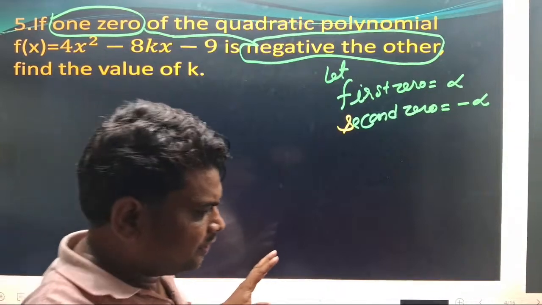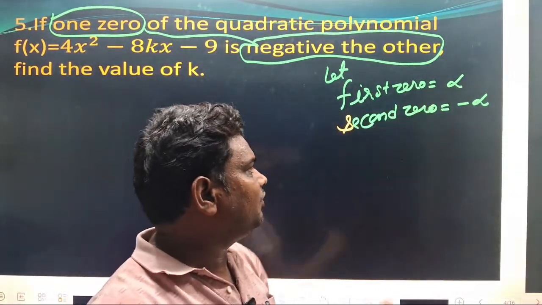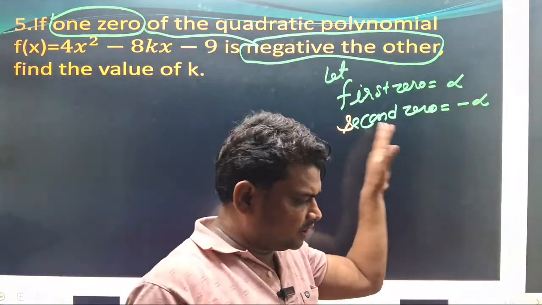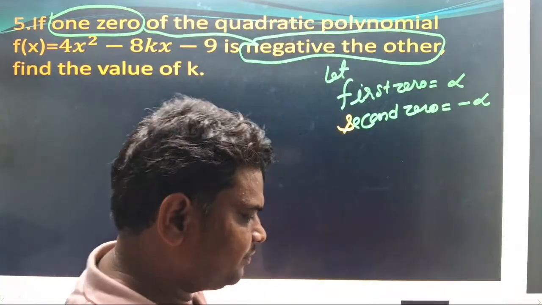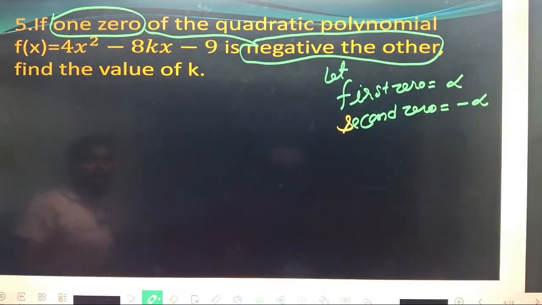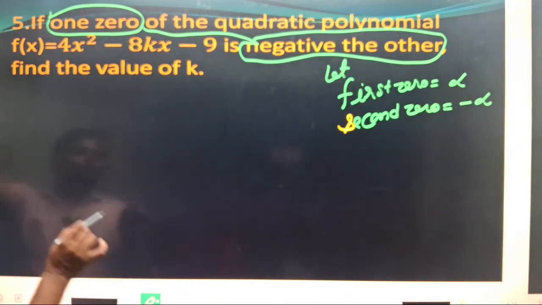The relation between the zeros: if the first zero is alpha, the other zero is negative alpha. Now you find the sum of zeros.